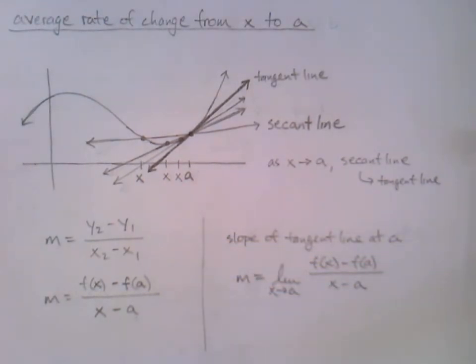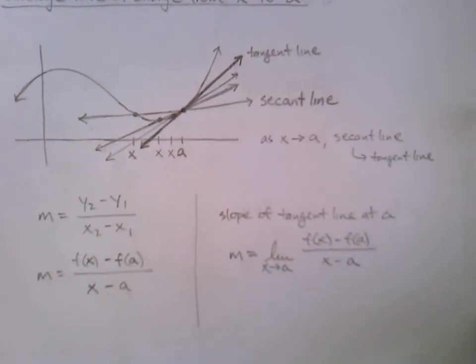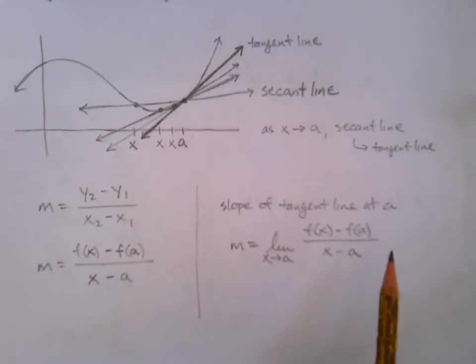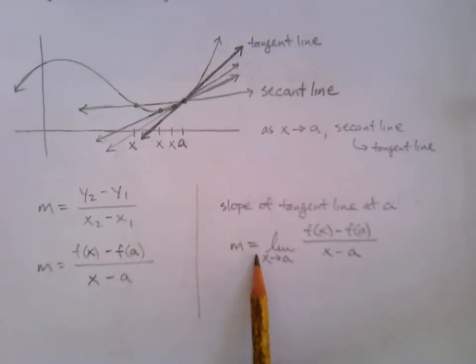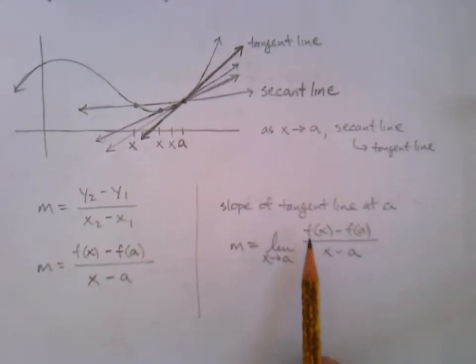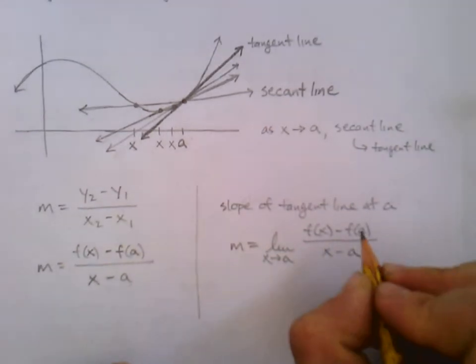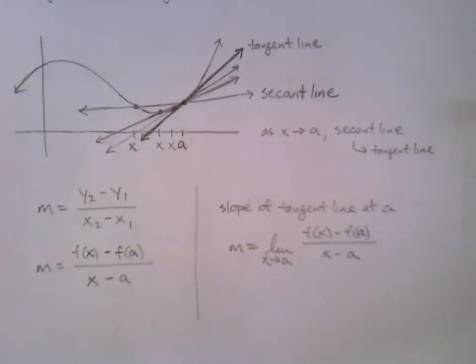The slope of the tangent line at a is m equals the same formula, f of x minus f of a over x minus a, but I'll put this limit in the front, the limit as x approaches a. And we can get it. Pretty cool.